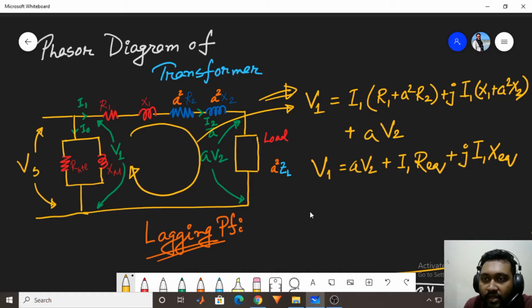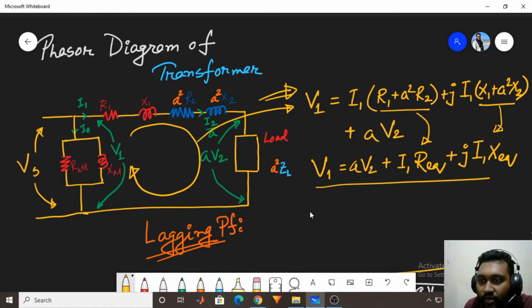So finally we consider this R1 plus a square R2 our R equivalent, and the same for the reactance also. So this is basically our final equation based on which we'll draw our phasor diagram.